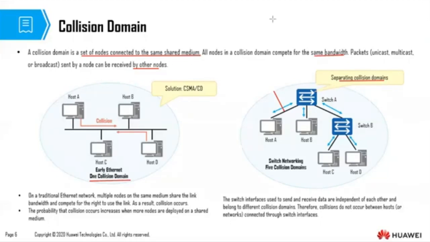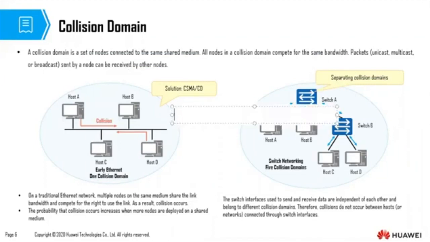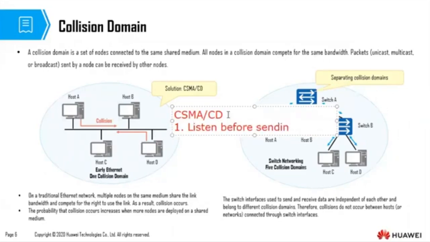On the earlier Ethernet network, they used a technology in order to reduce collision. They used a technology called CSMA-CD, or carrier sense multiple access with collision detection. Now, in summary, CSMA-CD works like this. Number one, listen before sending.